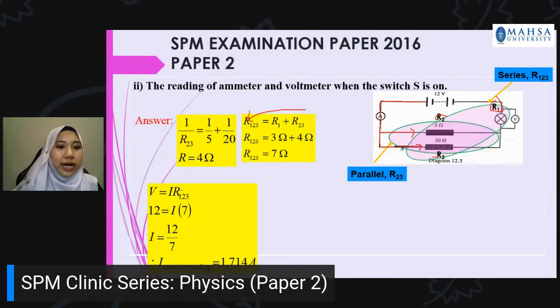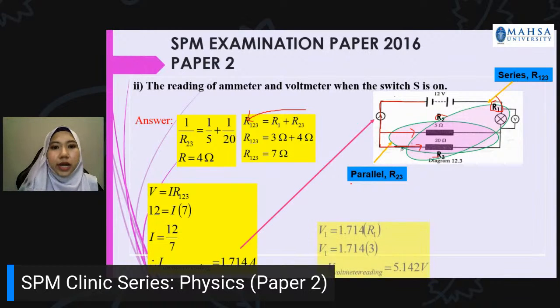Substitute into your formula and solve for the current. The ammeter reading is 1.714 ampere when the switch S is on. Okay, done for this one.